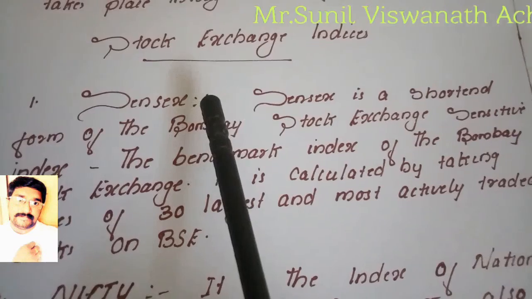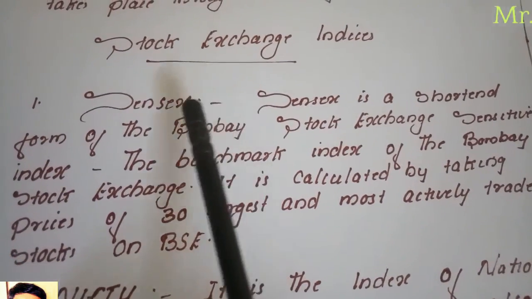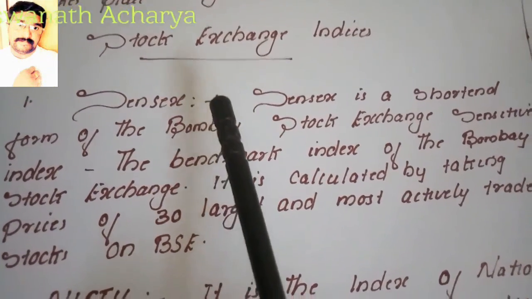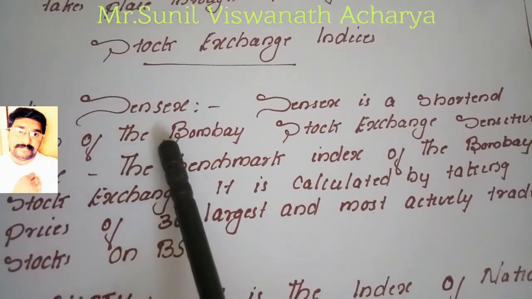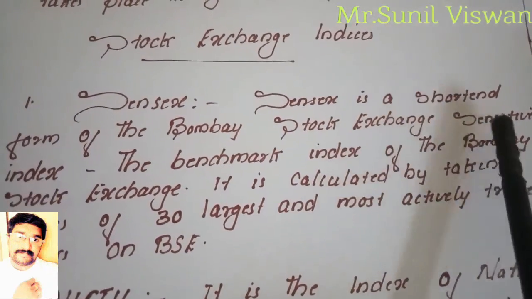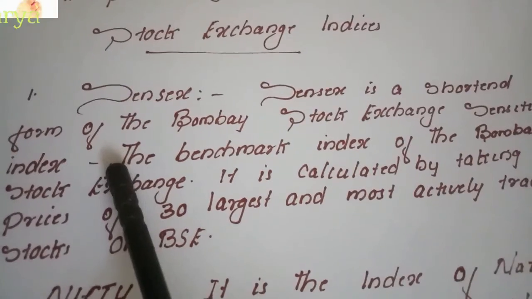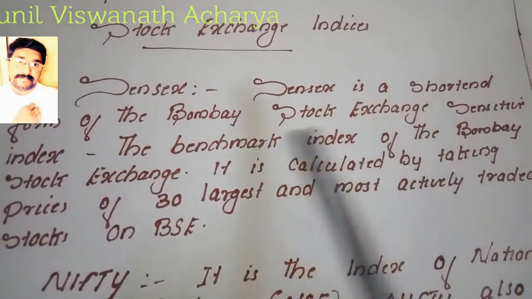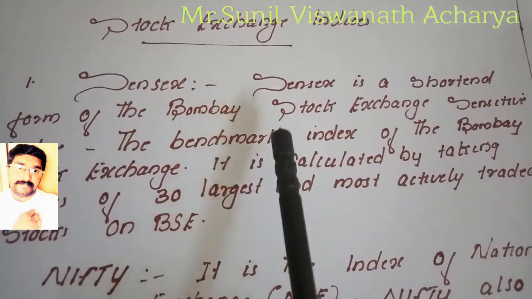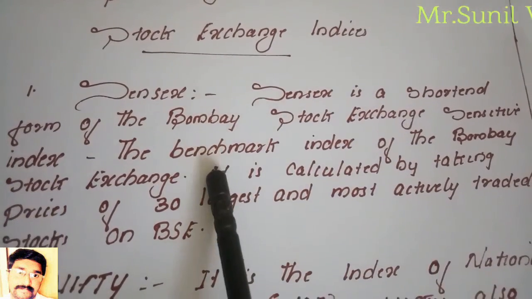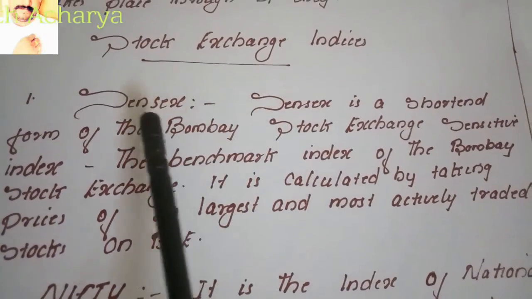Sensex stands for Sensitive Index. It is the shortened form of Bombay Stock Exchange Sensitive Index. It is the benchmark index of the Bombay Stock Exchange. So always remember, the Bombay Stock Exchange benchmark index is Sensex.